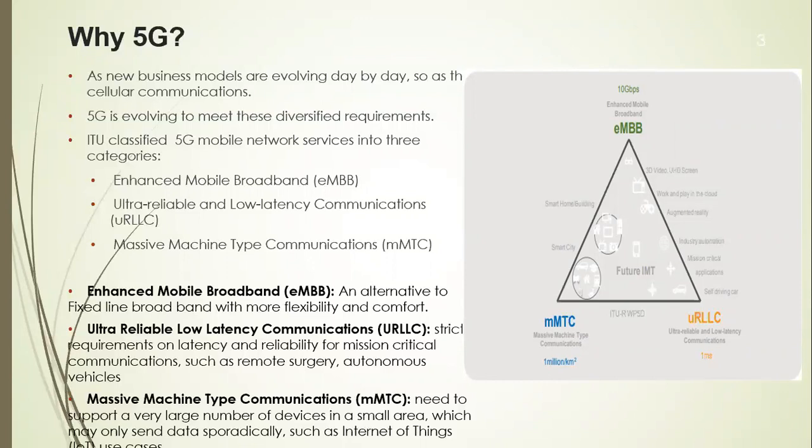And the third major category is massive machine type communications. Here, all industrial IoT services come into this category, where thousands of devices will be communicating with each other, and at the same time, they may not have huge data to be sent or received, but the volume of devices that have to be camped on the network will be very high in that particular region or particular cell.